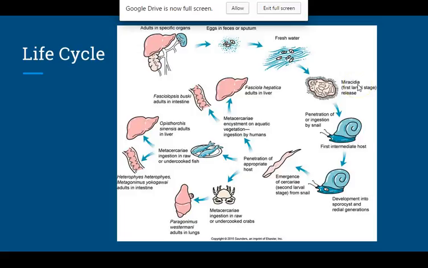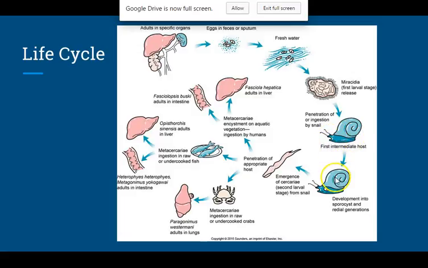This is the first stage larva, which gets ingested or it penetrates into a snail. So the Miracidia found in water gets into the snail, and the snail is the first intermediate host.